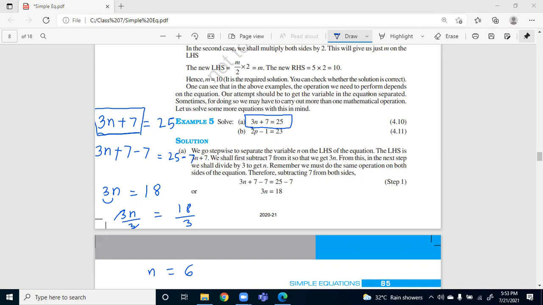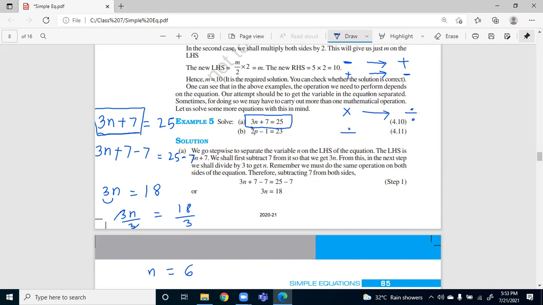So that rules of transposition is like when a negative sign goes to another side, it will change into a positive sign. If a positive sign goes to another side, it will change into a negative sign. If multiply goes to another side, it will change into divide.